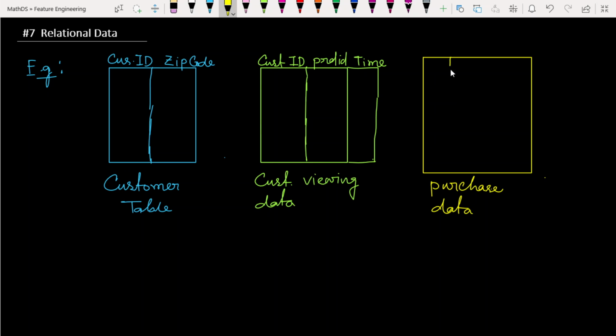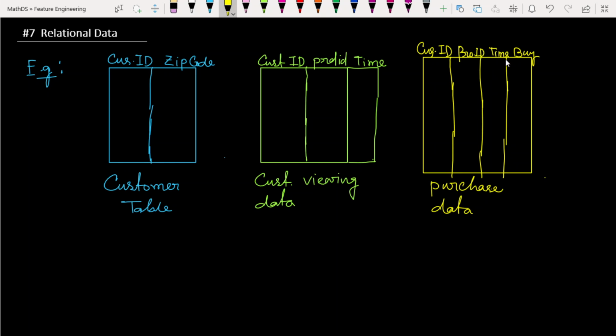In this table there are various kinds of data: the corresponding customer ID, which customer, the product ID, how many times they have visited the corresponding product, and whether they bought it or not, how many times they have bought a single product.